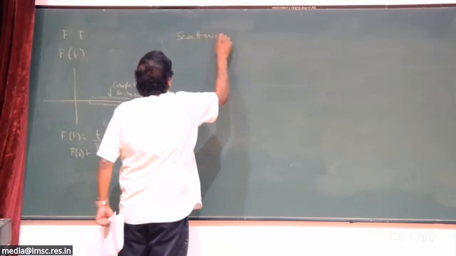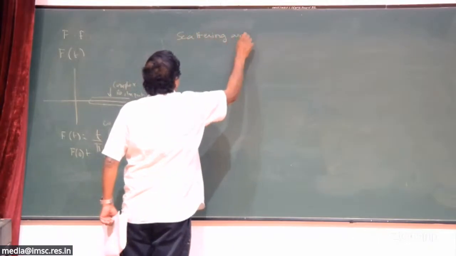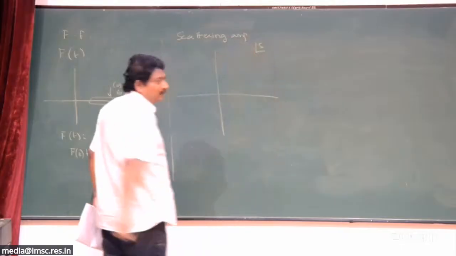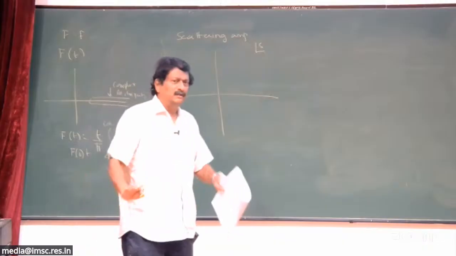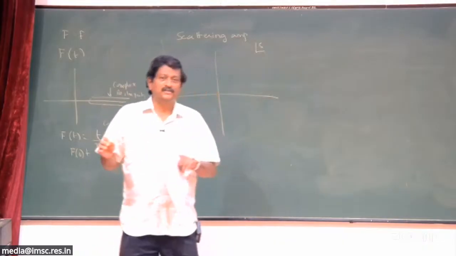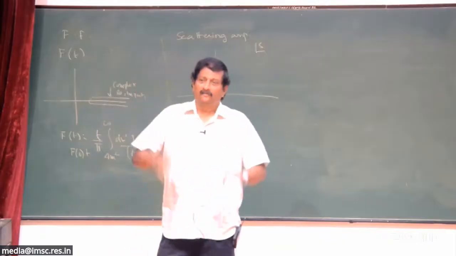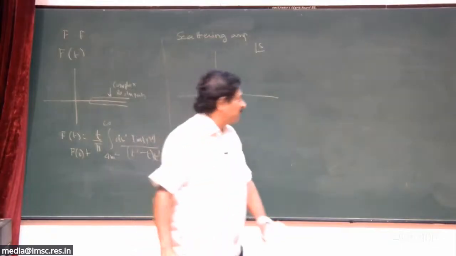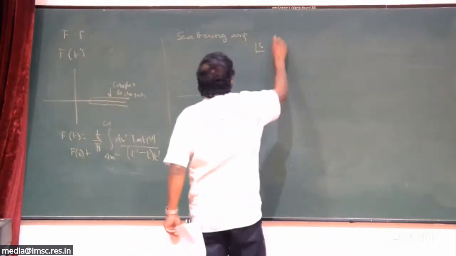Now, what do we do for scattering amplitudes? Scattering amplitudes. This is the complex S plane. Let us fix t, okay? Fix t. And such dispersion relations will be called fixed t dispersion relations, okay? Fixed t dispersion relation.